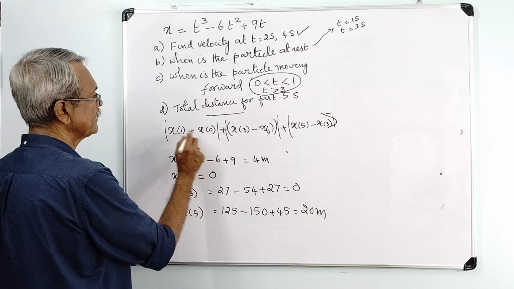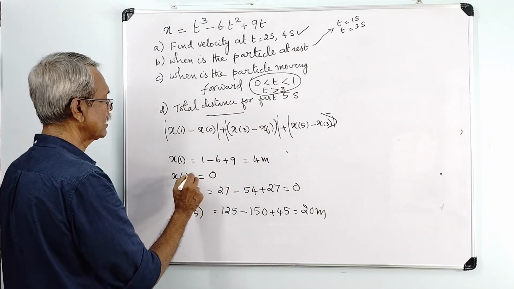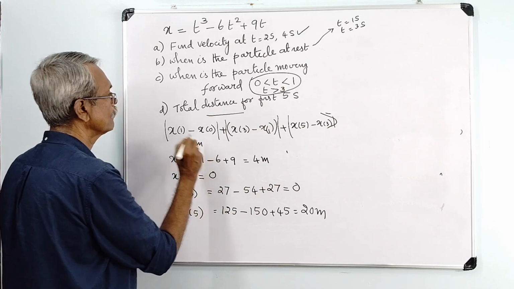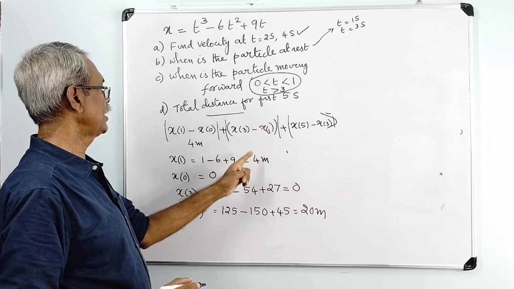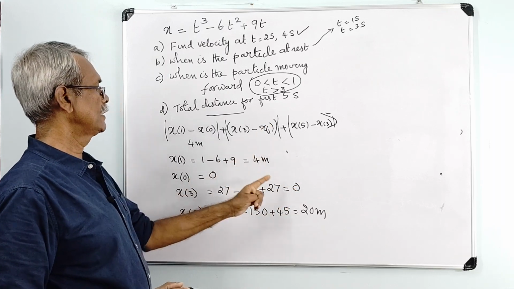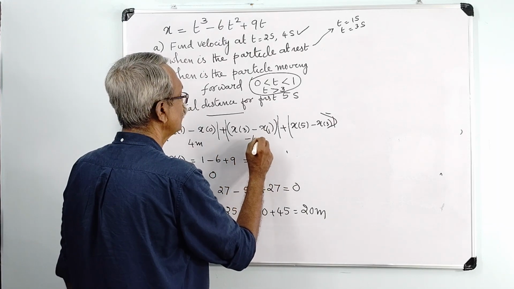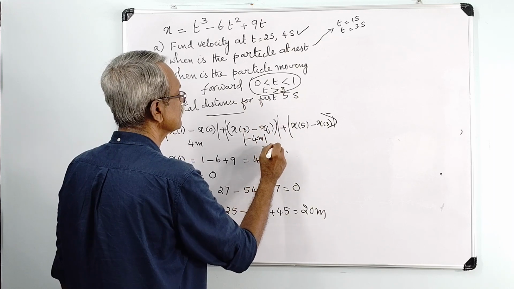You can work out this x1 minus x0. x1 is 4 meter, x0 is 0, therefore this is 4 meter. x3 is 0, x1 is 4 meter, therefore x3 minus x1 is 0 minus 4 meter, this is minus 4 meter, but the modulus is equal to 4 meter.